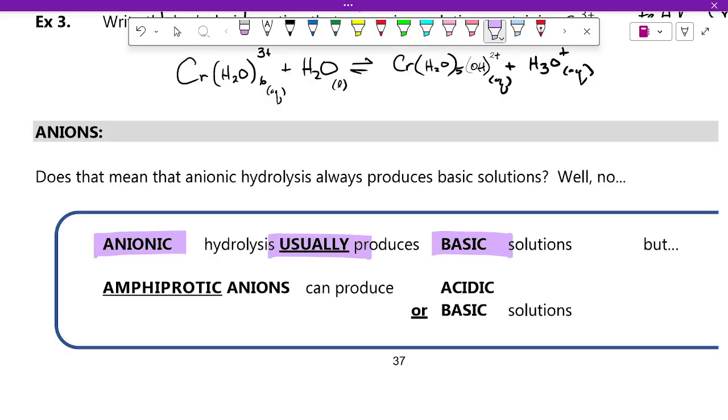However, there are also amphiprotic anions, and they can produce either acidic or basic solutions, and that is going to depend on their relative Ka and Kb values.